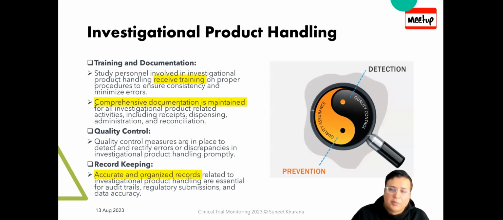All the staff who will be handling the investigational product or medical devices need to be trained. Quality control basics are there, good record keeping, organized records. Quality control is focused on the end product. I always used to get confused between control and assurance.